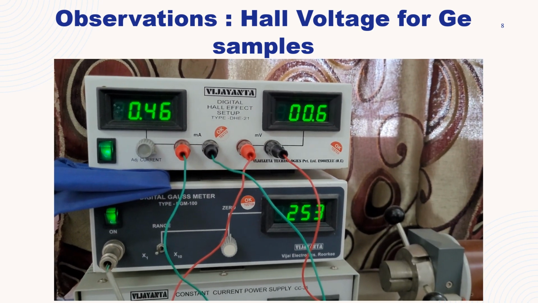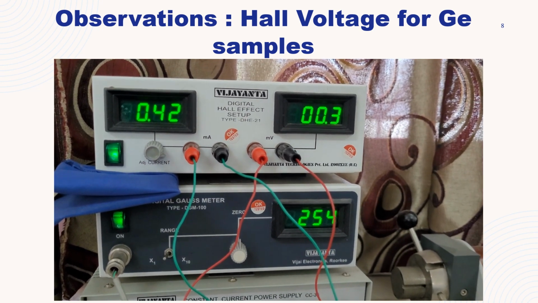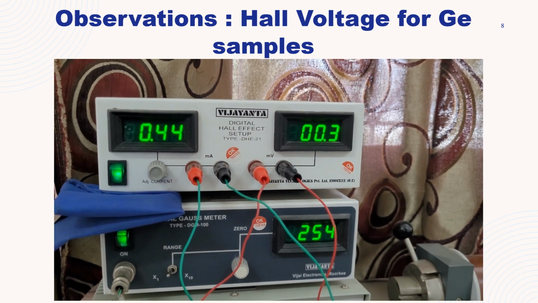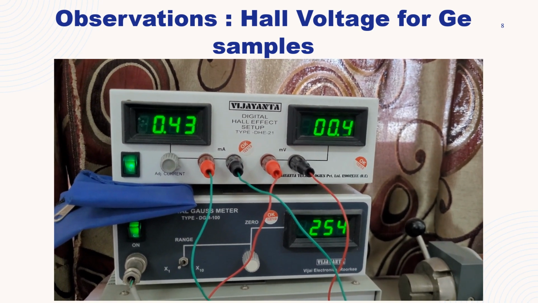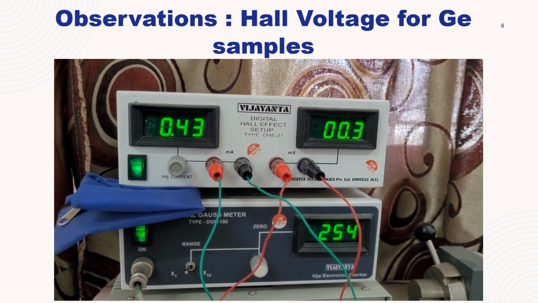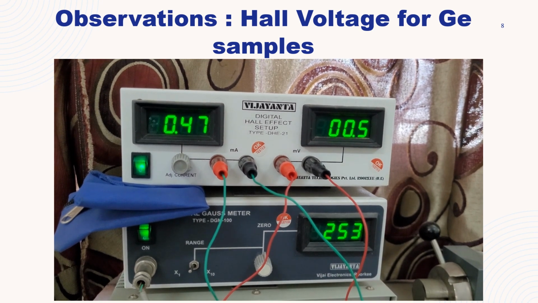In our case, it's around 250 Gauss. So we'll increase the Hall current in steps of 2 milliamperes and record the Hall voltage, and then plot a graph, and from the slope of that graph we'll get the Hall coefficient.